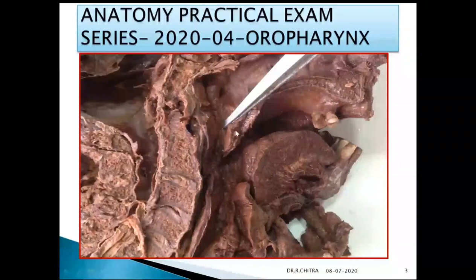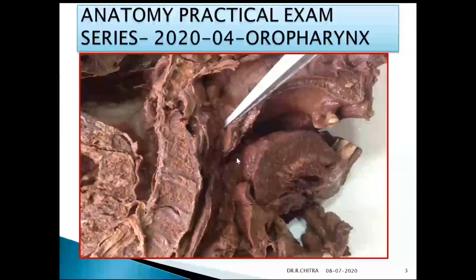and the palatopharyngeal arch. From the soft palate to the tongue, that arch is called the palatoglossal arch. From the soft palate to the pharynx, that is the palatopharyngeal arch. In between them the palatine tonsil is situated, in the lateral wall of the oropharynx.